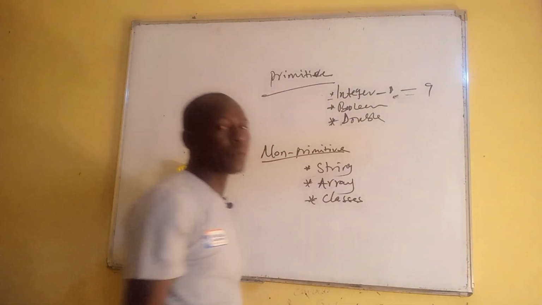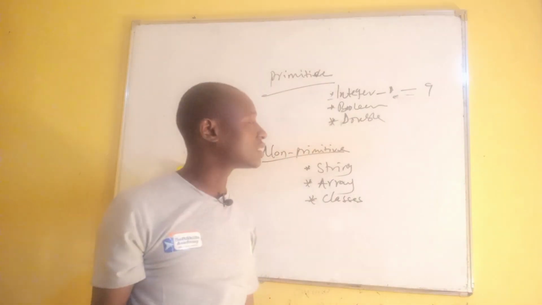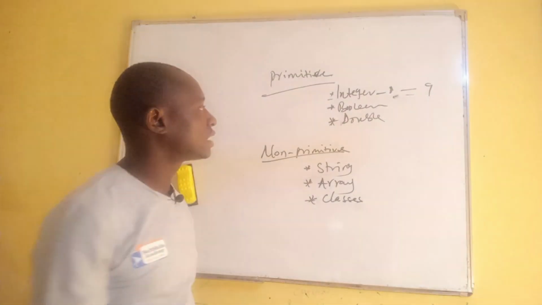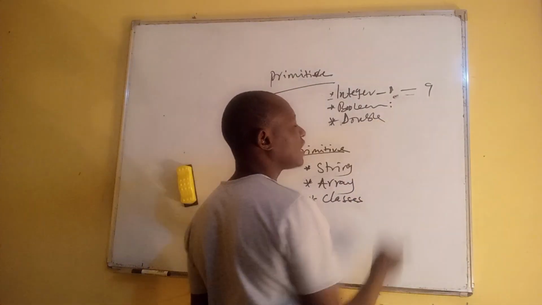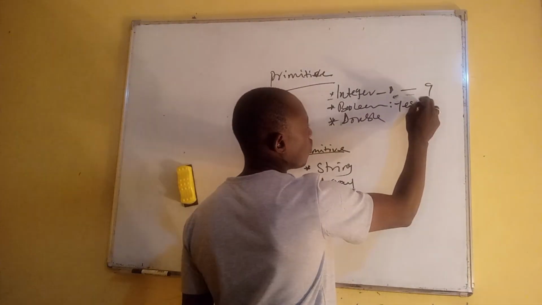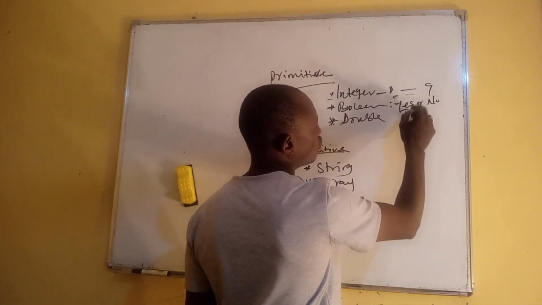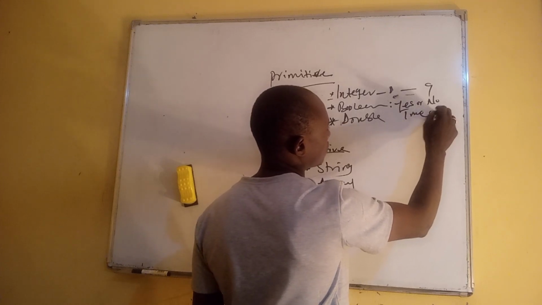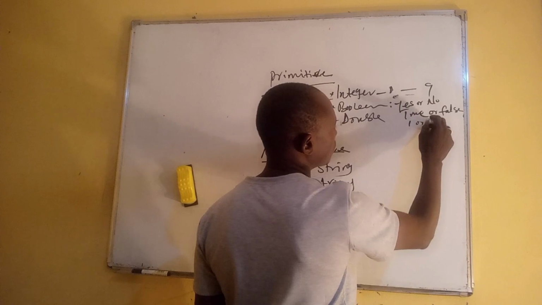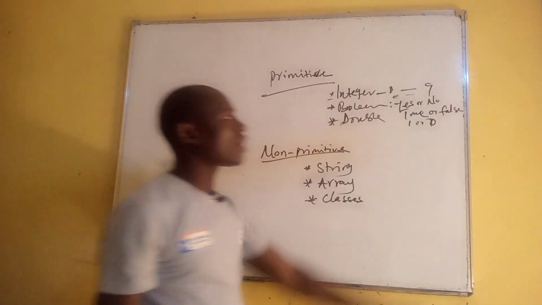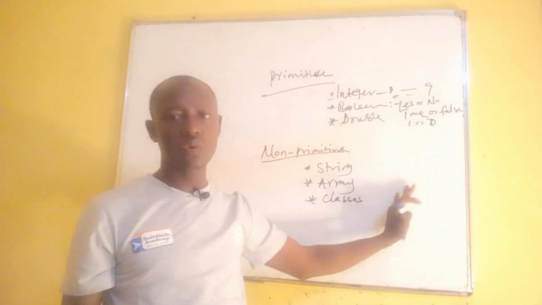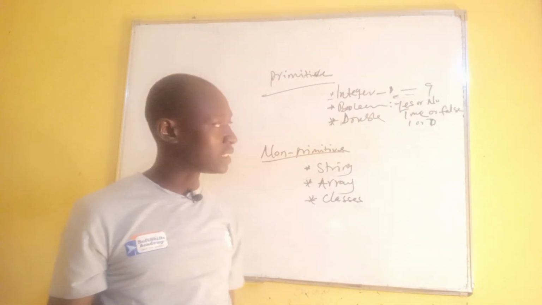So anything, for example, that is an age. Boolean is going to take something like yes or no, true or false, 1 or 0. That's what Boolean takes. Rainy or not rainy, sunny or not sunny, that's what it takes.